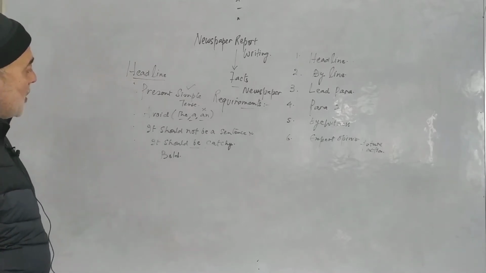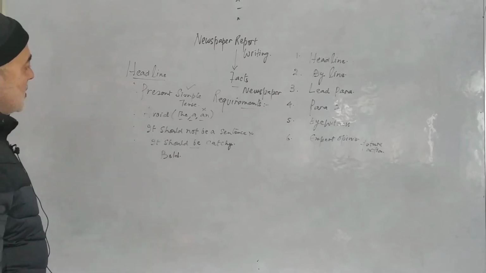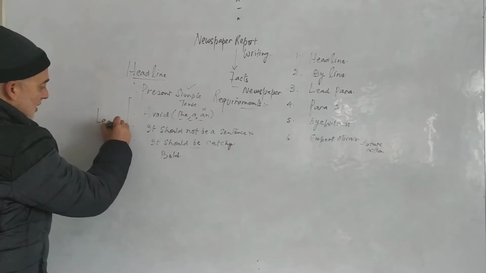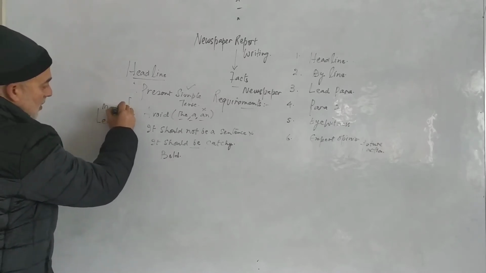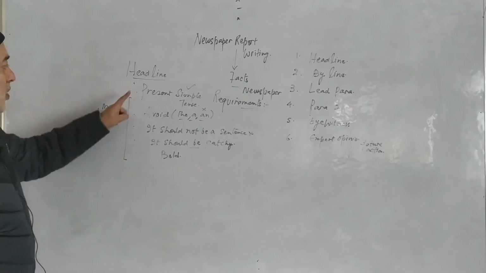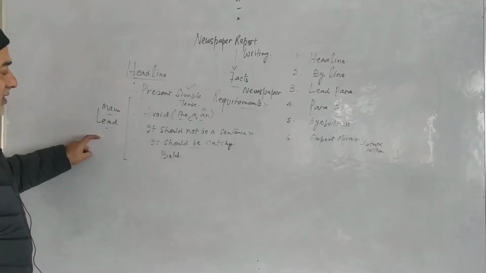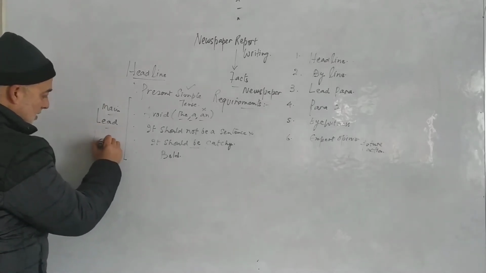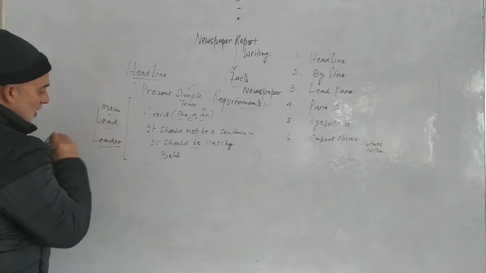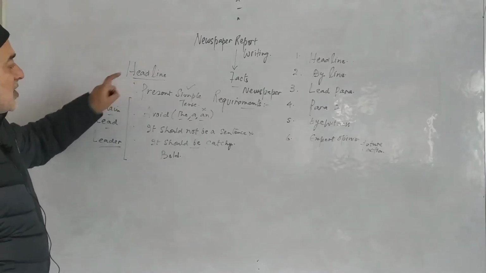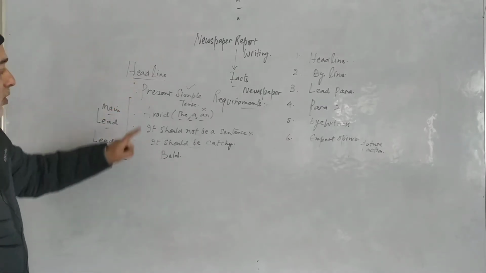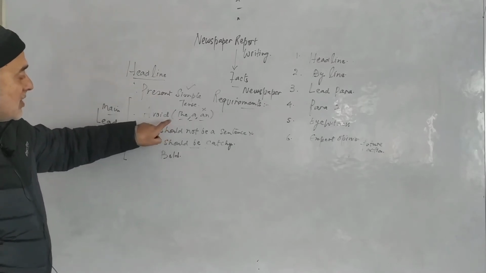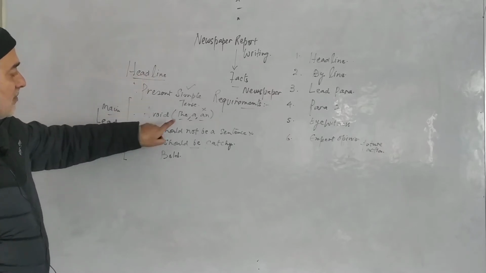After the news headline is done, sometimes we call it the main lead. In journalist language, we call headlines the main lead, and the one who writes the main lead is called the leader. The leader's job is to write news headlines, and he takes care that the tense must be present simple. He has to avoid articles while drafting a headline.